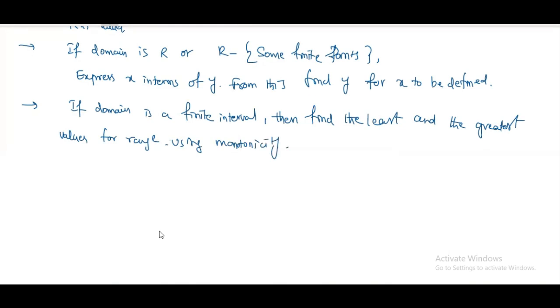That comes from differentiation. So these are the main things we have to remember.